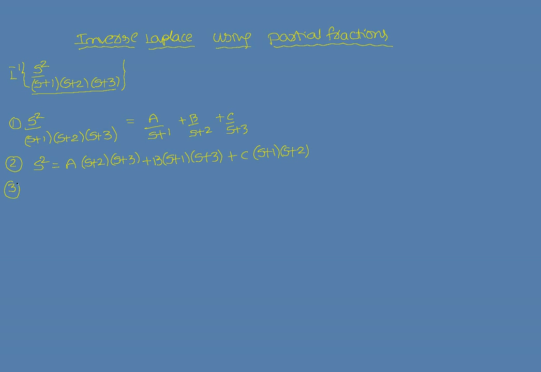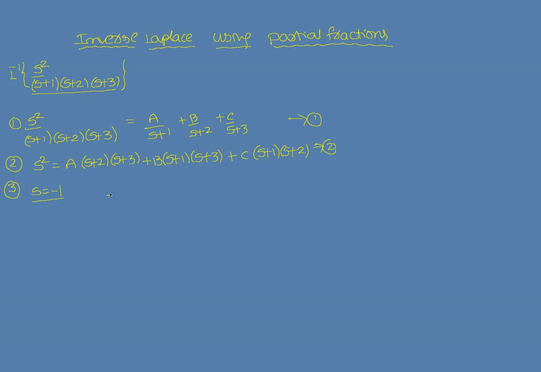So now you substitute in place of s some values. So put s is equal to minus 1. Then what happens? The left hand side you can call equation 1, this one equation 2. So substitute s is equal to minus 1 in equation 2.